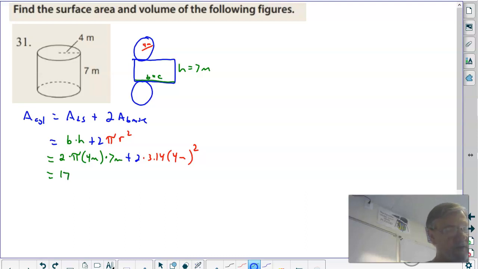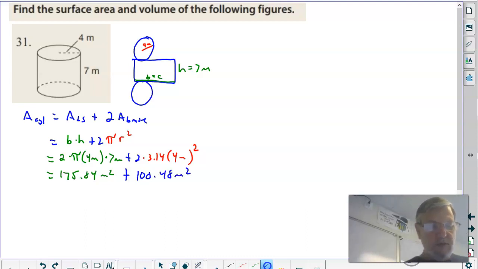And this is 175.84 meters squared, plus 4 squared is 16 times 3.14 times the two bases, and this is 100.48 meters squared. So I need to add all these up.